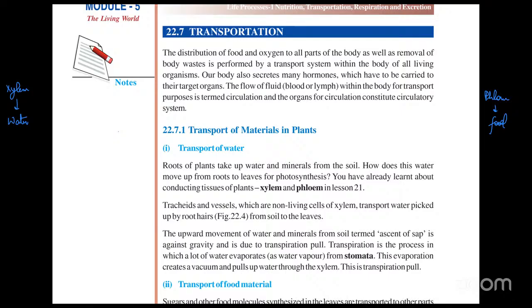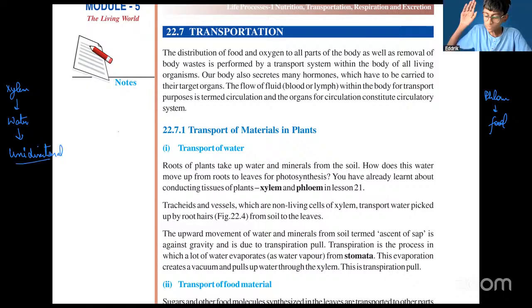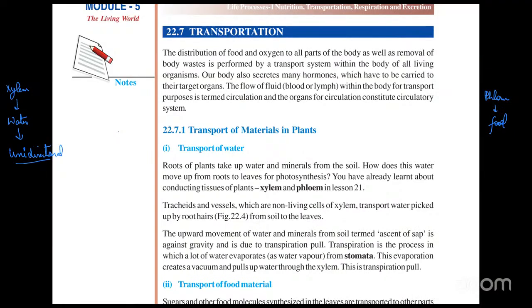Okay. See, xylem transport of water is basically called unidirectional. So does anybody have any idea why it is called unidirectional? Yes, Edric. Because the water and minerals flow only in one direction, from the roots to other parts of the plant.